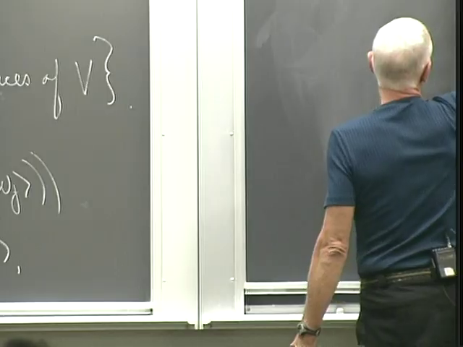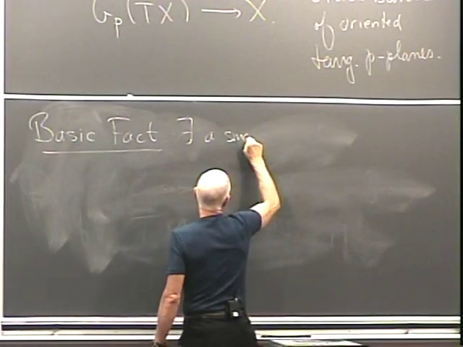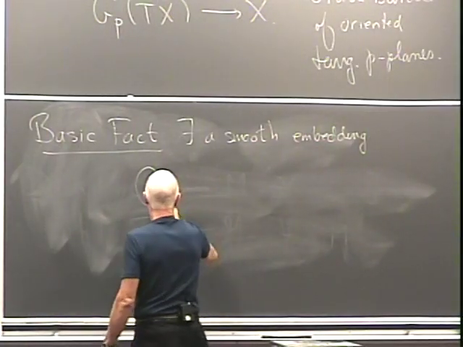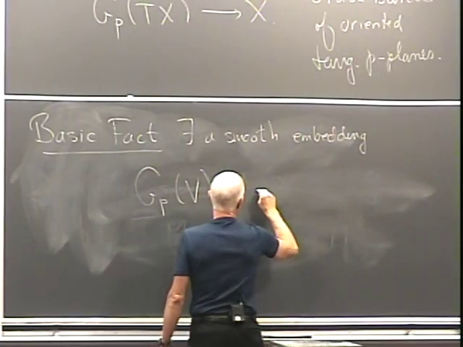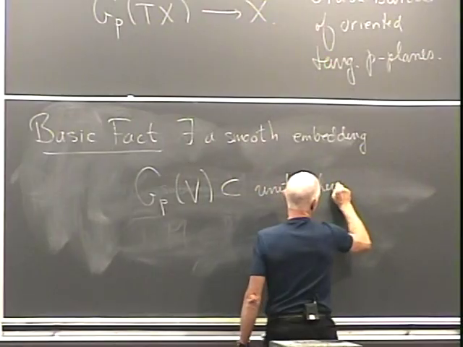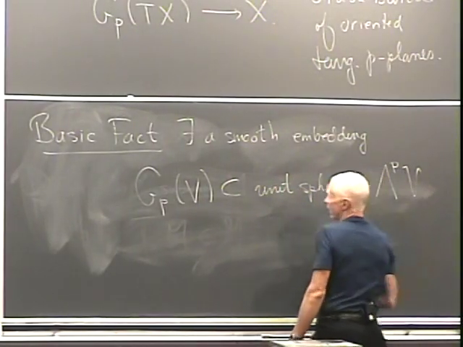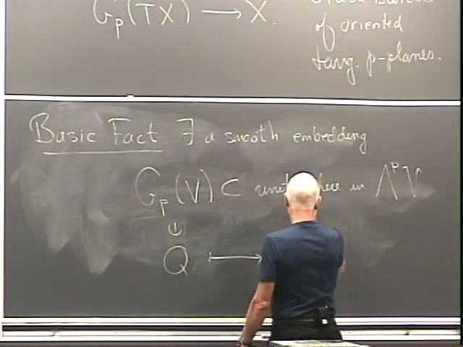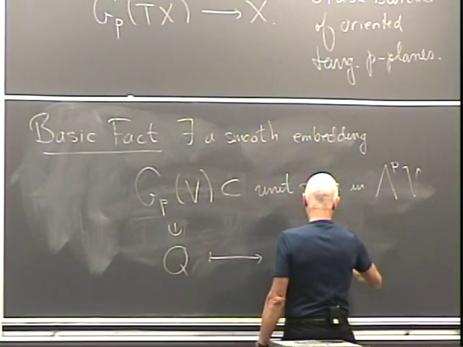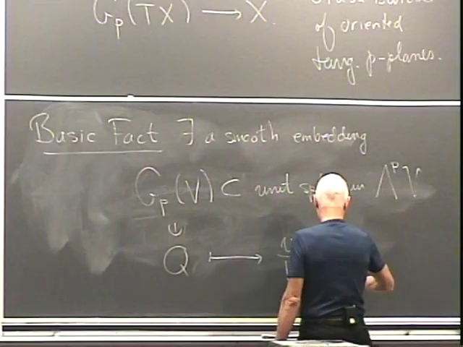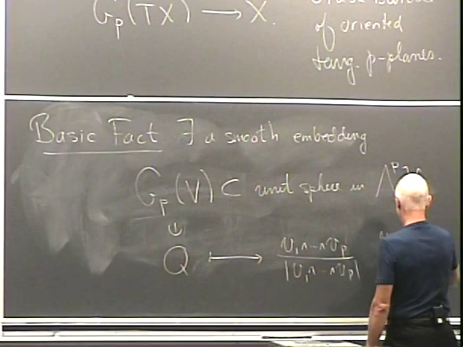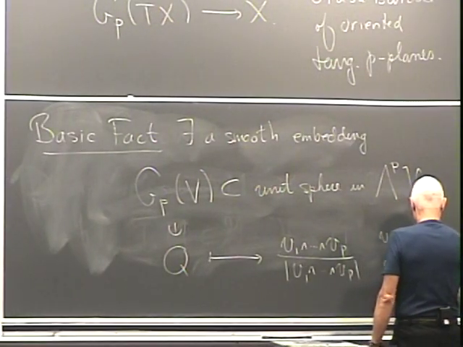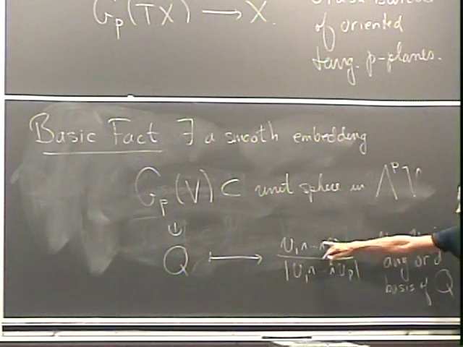A basic and important fact is that there exists a smooth embedding into the unit sphere in the wedge power of V. This embedding associates to any oriented plane Q of dimension p the element v_1 wedge up to v_p over the length of v_1 wedge up to v_p, where v_1 up to v_p is any oriented basis of Q. So you just take a basis of the subspace and take the wedge product.